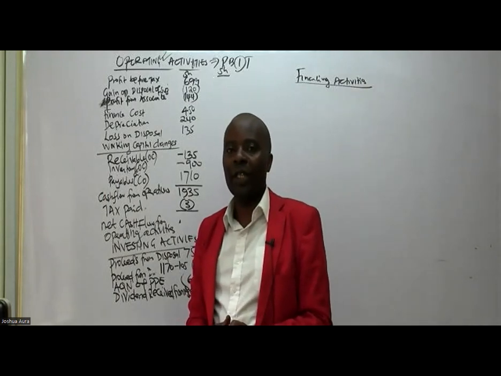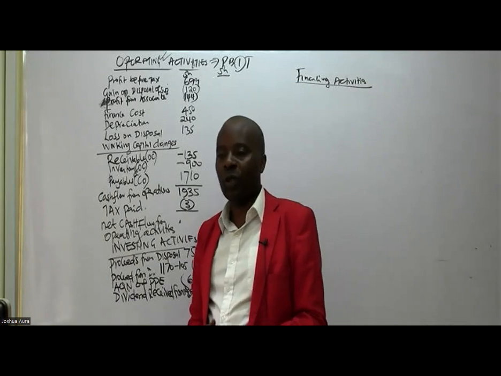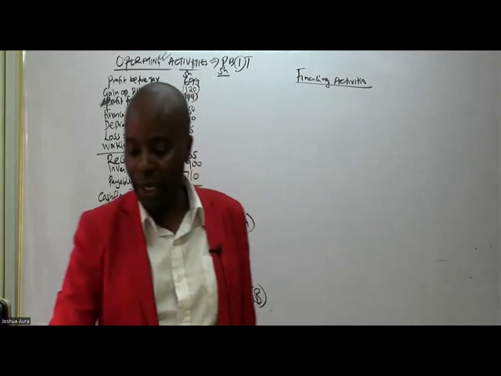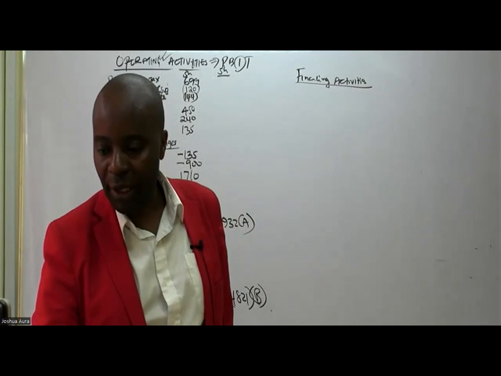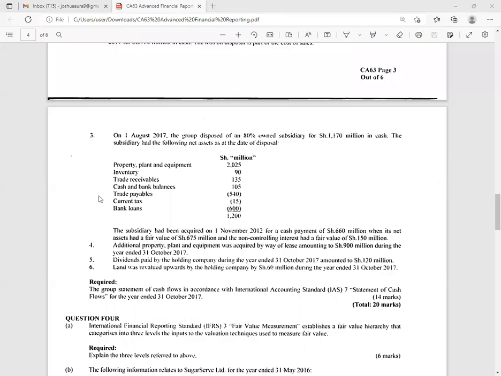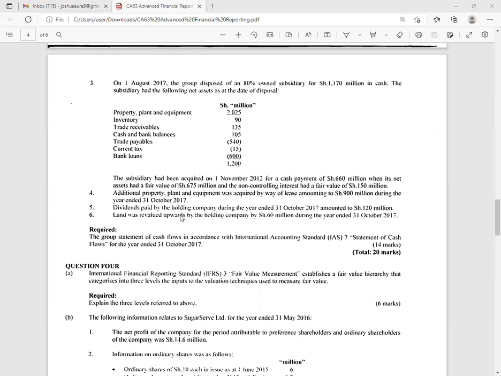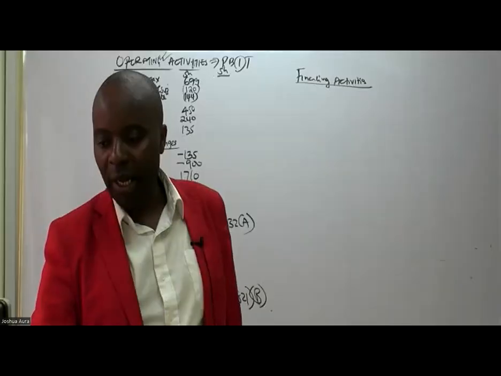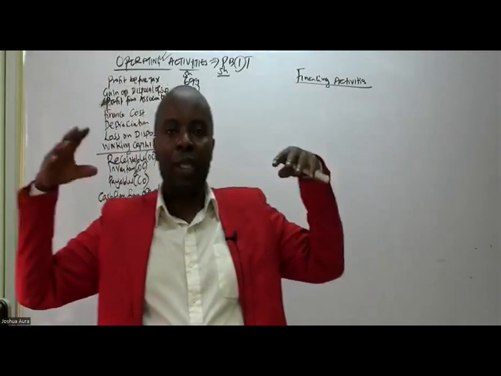We have our financials, of course, and we have dividends here. We have here note number 5, dividends paid by the holding company during the year. This holding company, of course, is the head of the group. It has its own owners, shareholders, so it paid.